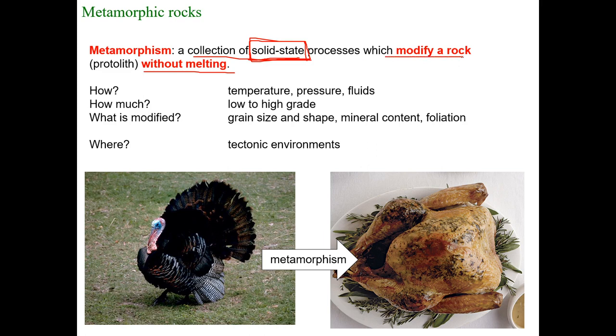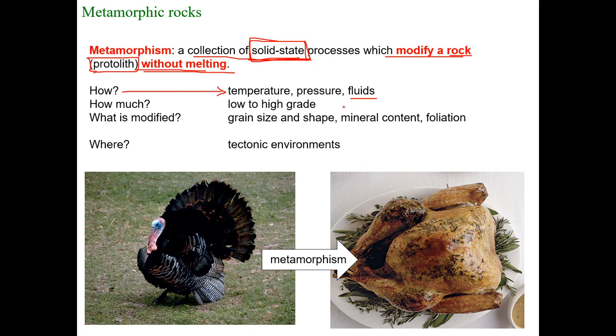Once you modify the original rock, by the way, the original rock is called the protolith. Proto means beginning, lith means stone, so it's the beginning rock that you start off with. Without melting it, you change it, you're going to end up with a metamorphic rock. So it could be through high temperatures, high pressure, or it could be through hydrothermal fluids.